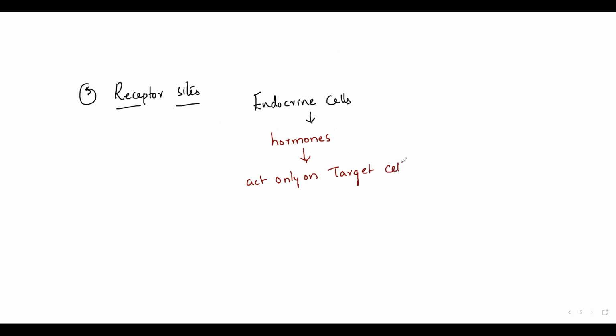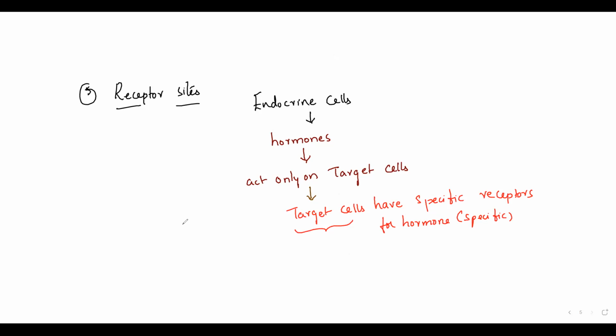How is this possible? Because the target cells have specific receptors for a hormone. That specific hormone, we are going to have their receptors. So they act only on the target cells.